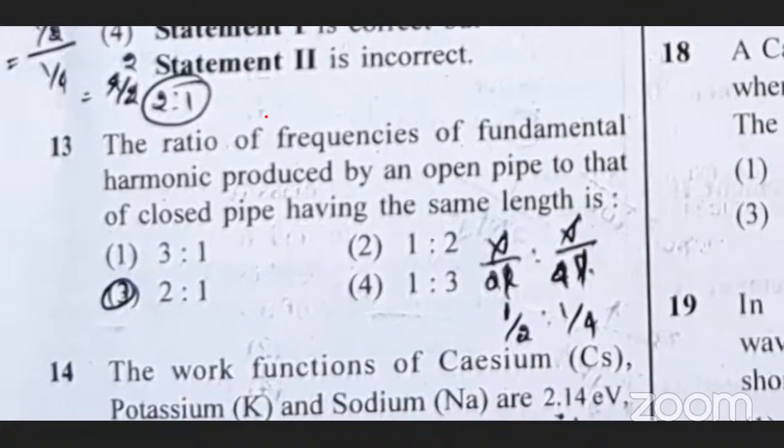So next we need to find the ratio of the fundamental frequency produced by the open pipe to that of the closed pipe having the same length. So this is the direct formula substitution.